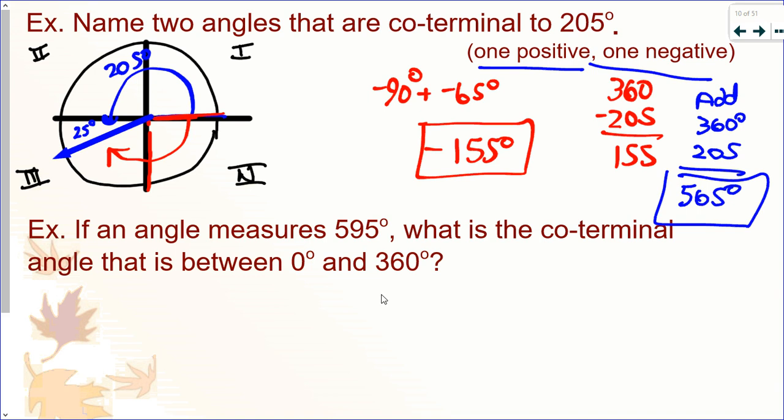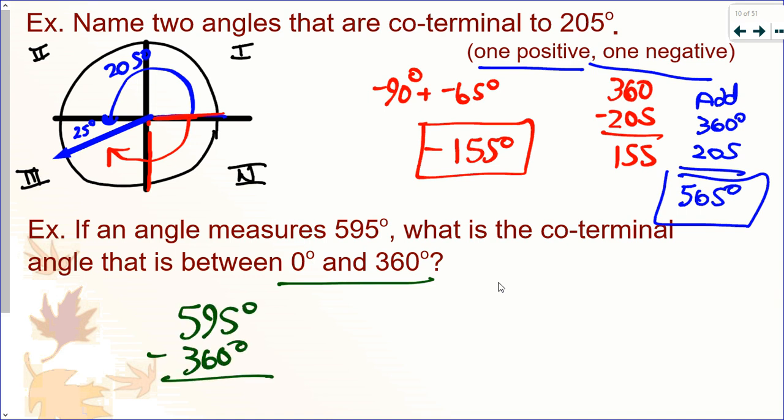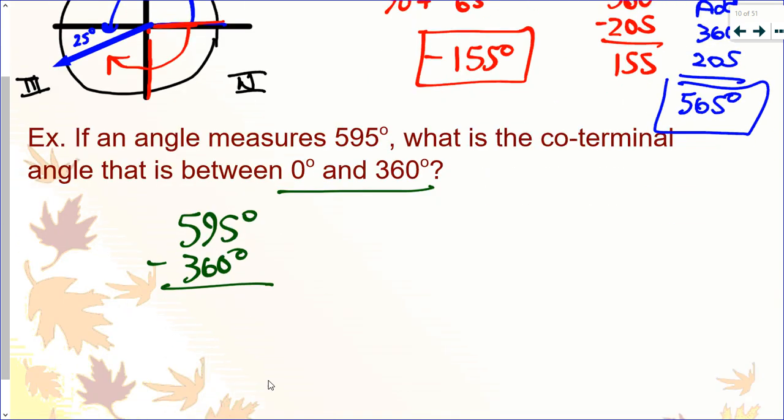Okay, next question. If an angle measures 595, what is the coterminal angle that is between 0 and 360? So for this one, you have to consider that 595, first of all, is not between 0 and 360. So if I take that 595 and subtract off 360, I'll be subtracting off a full rotation, but I won't be changing the angle, because a full rotation takes you right back where you started from.